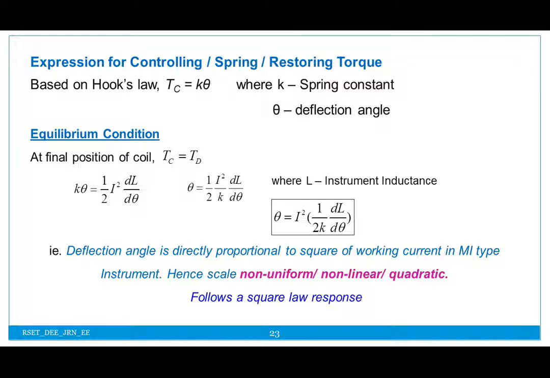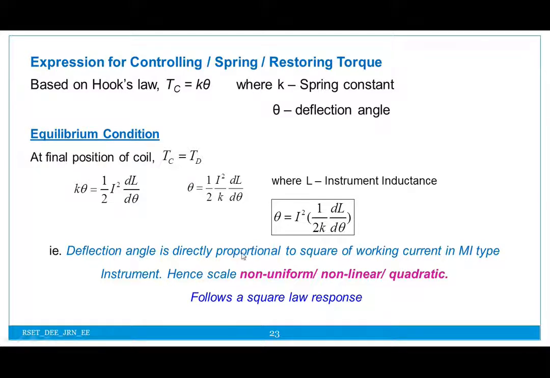So K theta should be equal to half I square dL divided by d theta, or theta, the deflection angle, is equal to half I squared by K dL divided by d theta, where I told you L stands for the instrument inductance. We are very much interested in theta, so I can rewrite this equation as theta is equal to I squared into, this is a constant, 1 by 2K into dL divided by d theta.